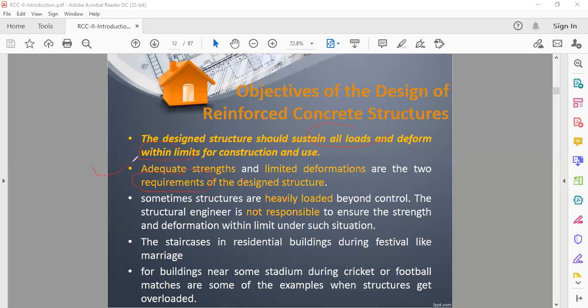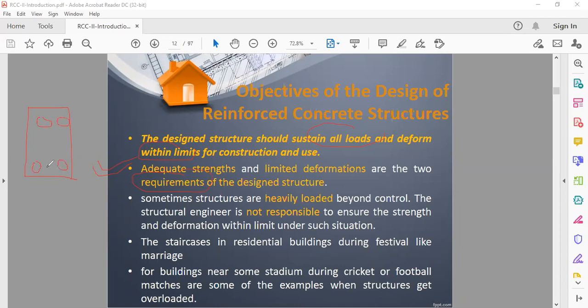So adequate strength and limited deformation are basically the requirements. Strength should be adequate. You cannot say full strength, and you cannot say low strength. Why adequate? Because if you go for more strength, your cost will increase. Suppose there is a beam where the requirement is only two bars in the upper portion and two bars in the lower portion.